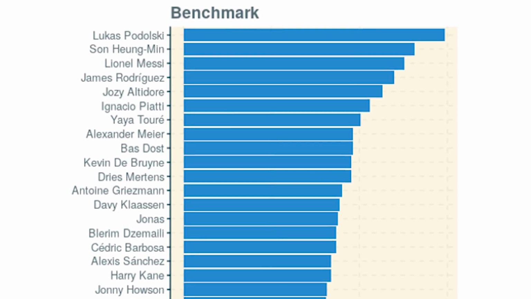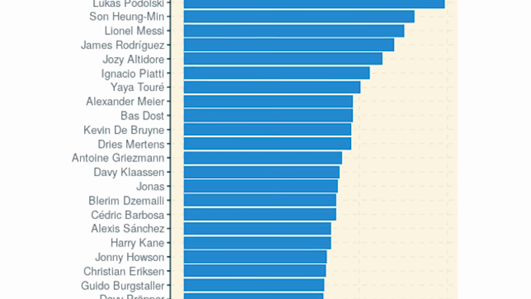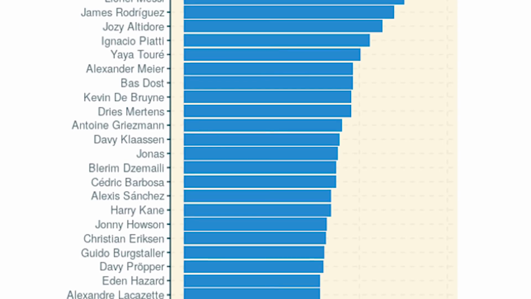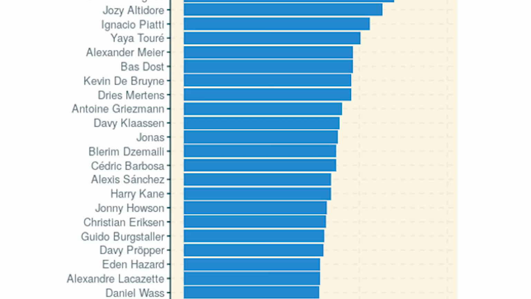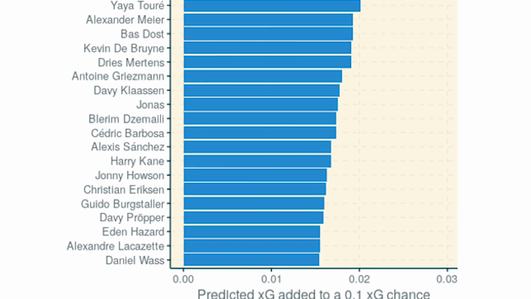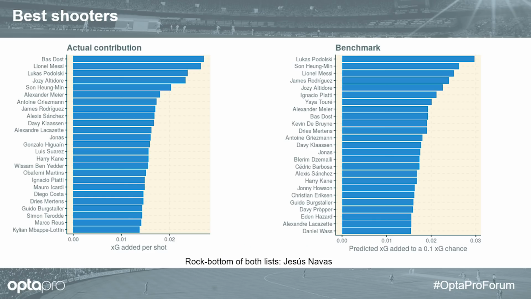Now, on the right-hand side, you have a different list, because you have to remember that different kinds of players take different kinds of shots. If you're a player like Alexandre Lacazette, whose mean expected goals per shot is about 20%, it's easier to add 2% to that than if you're Christian Eriksen and your basal XG is maybe 6%. So here I postulated an abstract 10% chance, and I asked the model, to that hypothetical chance, how much would a player add?